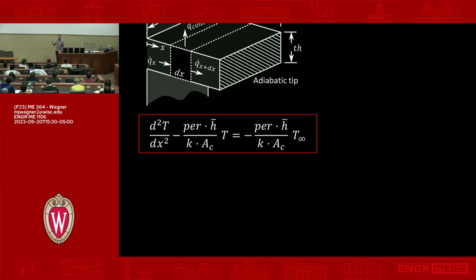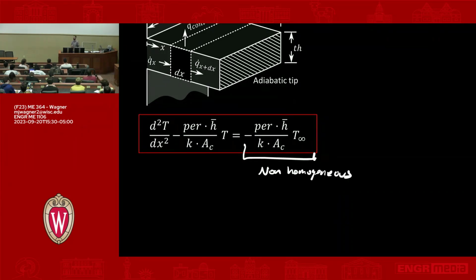The problem is you can do that, but it's not the entire story. There are additional parts of the solution that you have to find, and you find them by removing all the non-homogeneous stuff. Anything on the right-hand side is the non-homogeneous part.